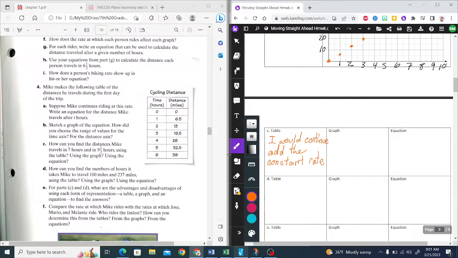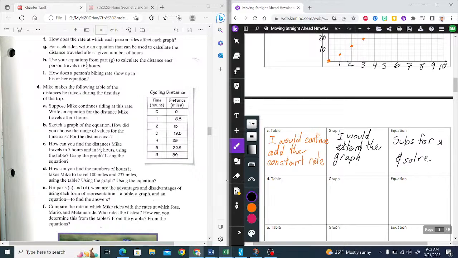As far as the graph goes, you would need to say something along the lines of, I would extend the graph. Plot a couple more points. As far as using the equation, you would substitute for x and solve.